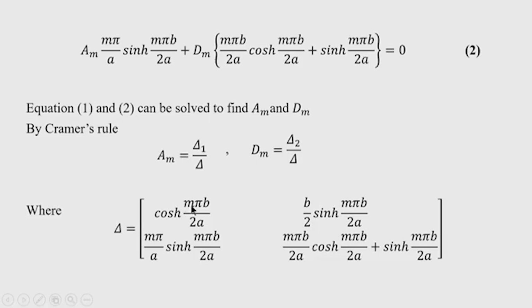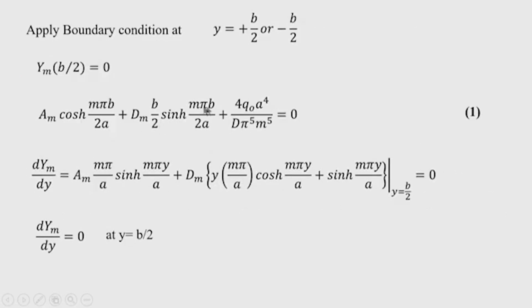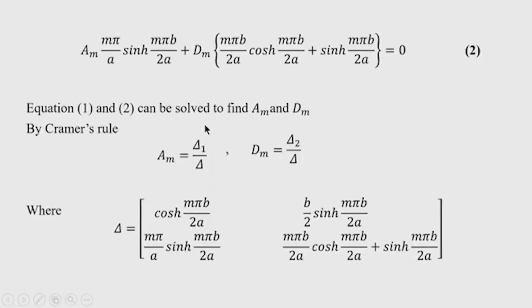That is the first row, first column term. Then this term, if you see, is b by 2 sinh m pi b by 2a. So, this will appear here. Similarly, systematically, whatever is inside this second bracket will go in position 2 by 2, that is the second row, second column.